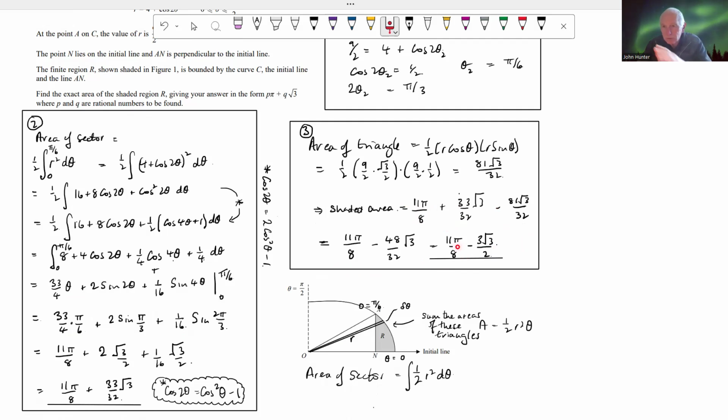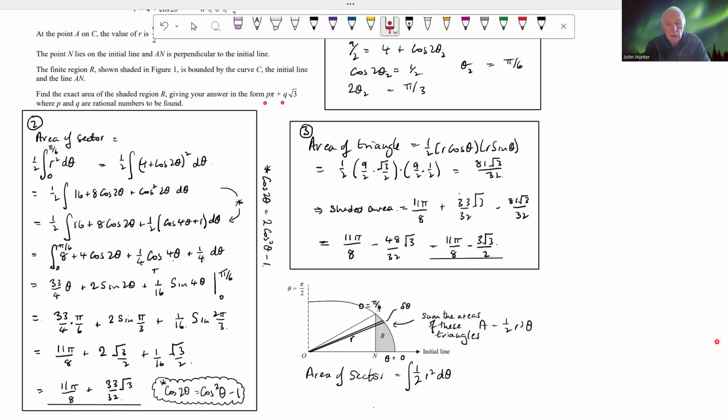I'm not going to go through that because that's not really what we're trying to get at here. We're trying to get at the basic structure rather than the actual working out. That basically is it. So that is the shaded area. And I've written it out, but P is going to be 11 by 8, isn't it? And Q is going to be minus 3 over 2 from there.